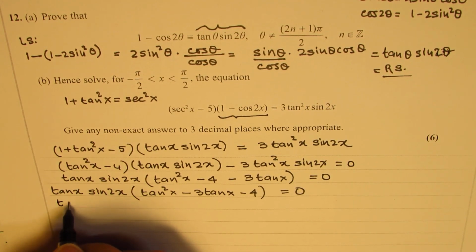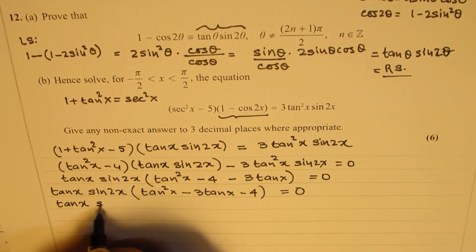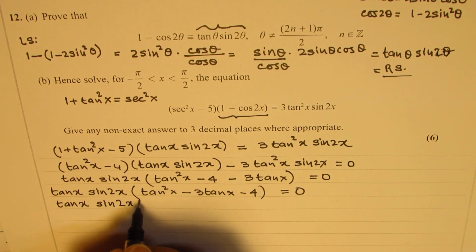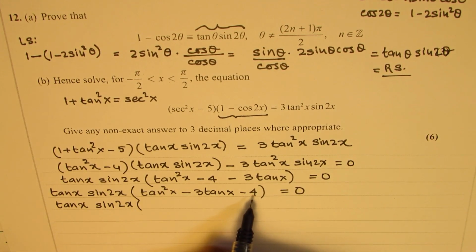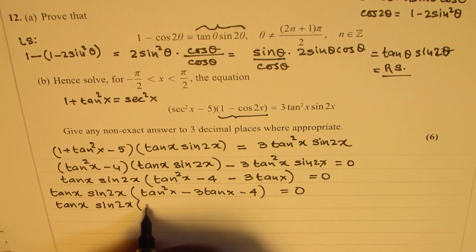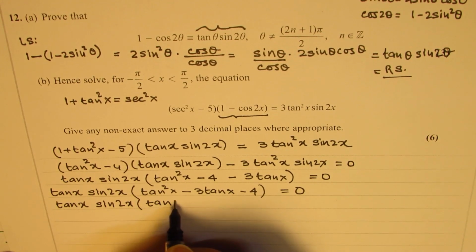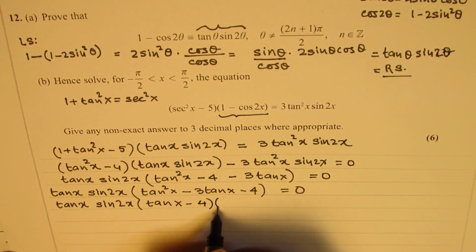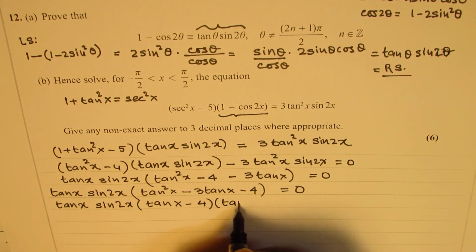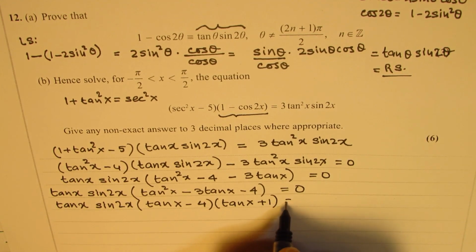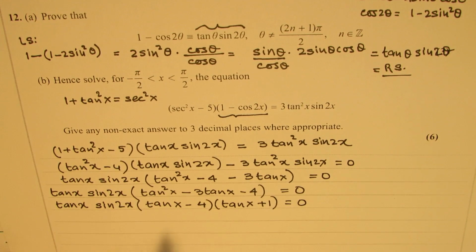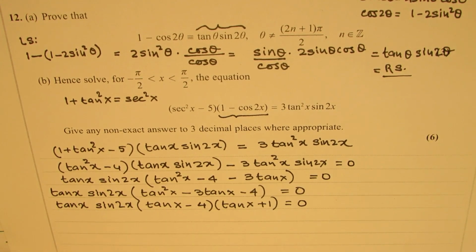So we can write this as tan x sine 2x. So 4 times 1, 4 is negative. So we have tan x minus 4 times tan x plus 1 equals to 0. Clear? So we get 3 factors.